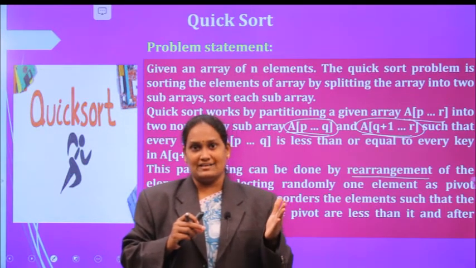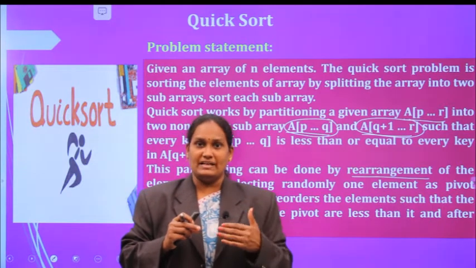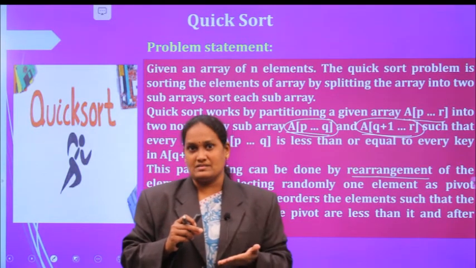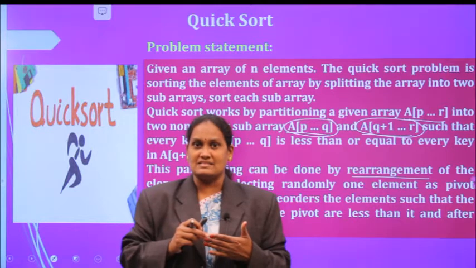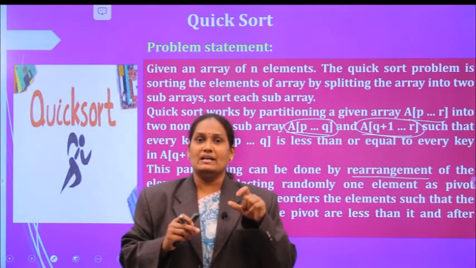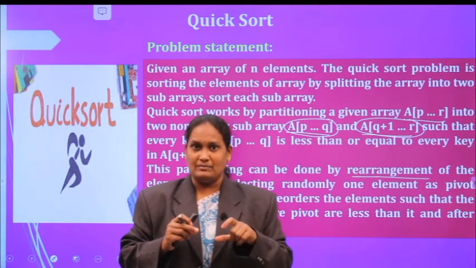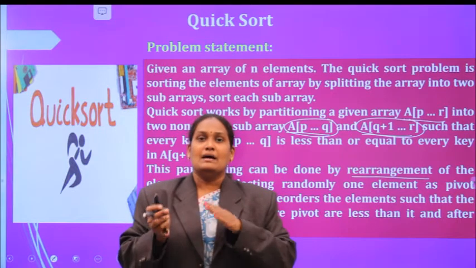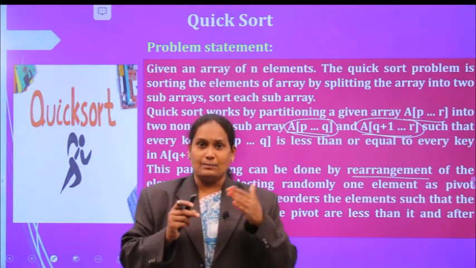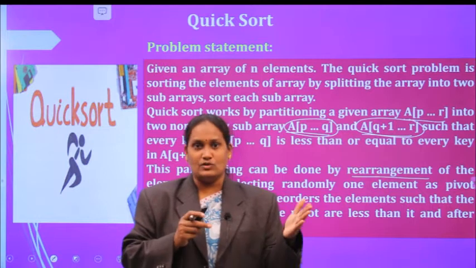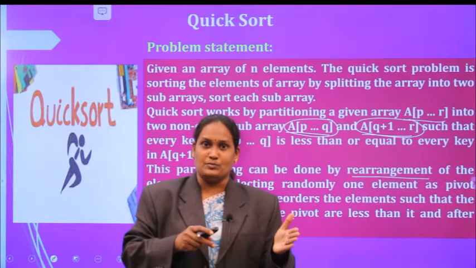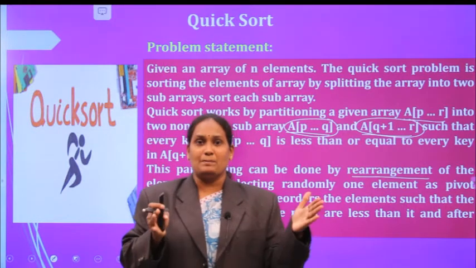This partitioning can be done by the rearrangement of elements. Here we select one element randomly as the pivot element and adjust it. By adjusting the pivot element to its correct position, the array is partitioned.